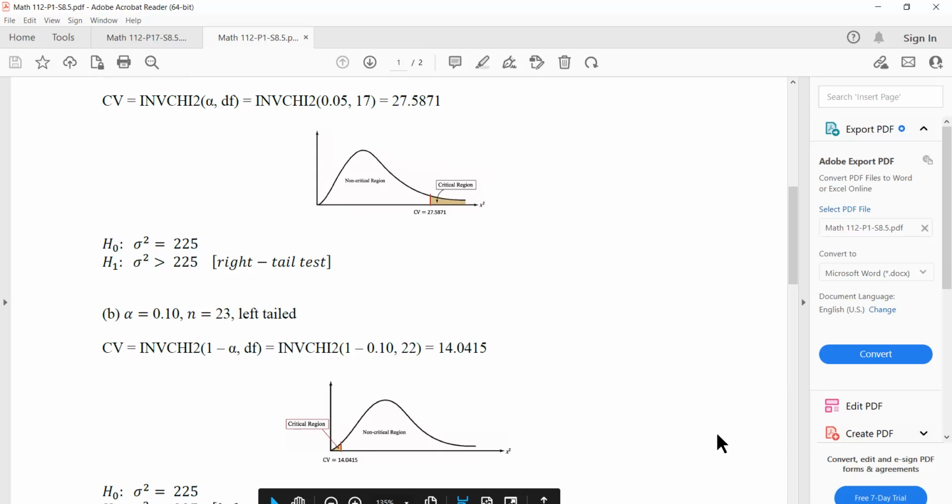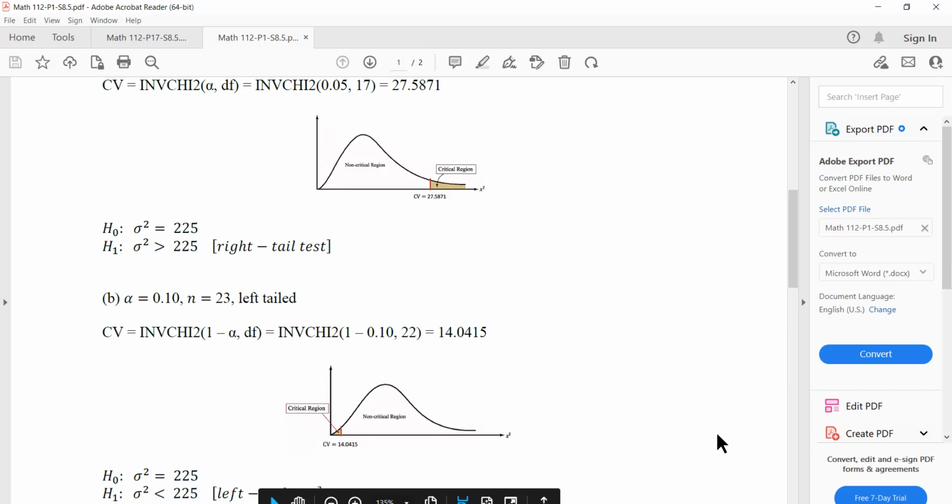Okay. Go ahead and draw your graph. You're going to notice that your critical region is on the left.